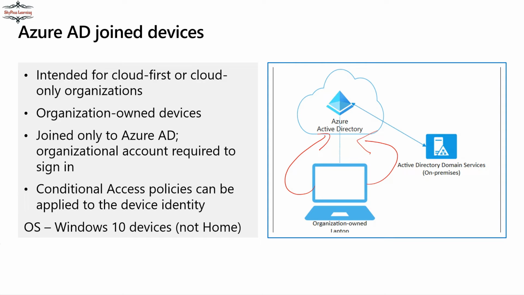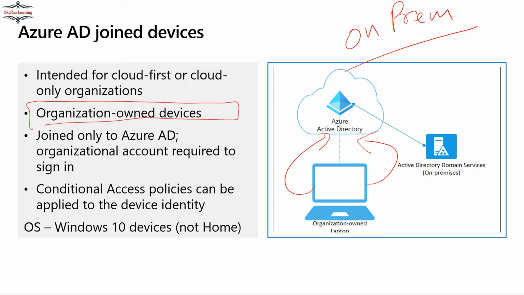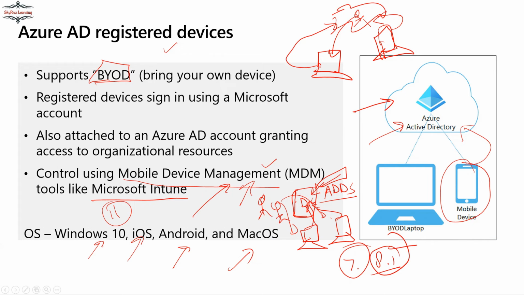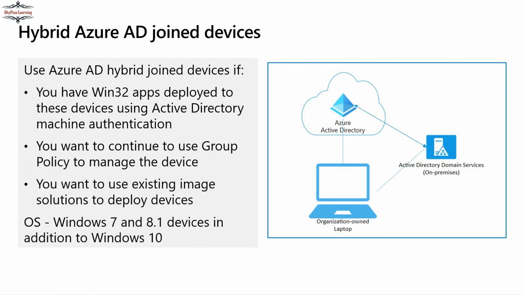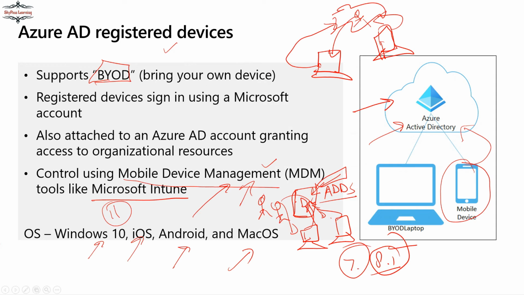Here the account will be created for this device in Azure Active Directory, and that would be the organization's own devices, just like we have on-prem AD devices. In the previous section, we registered the device in Azure Active Directory to access the resources, and that was controlled using MDM policies.